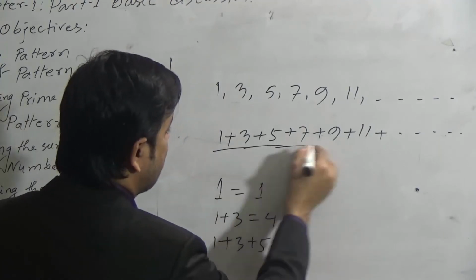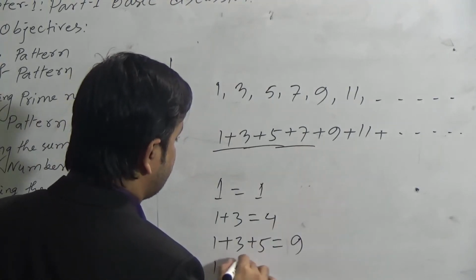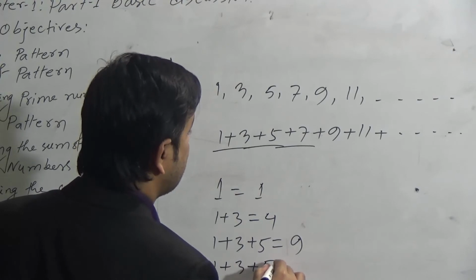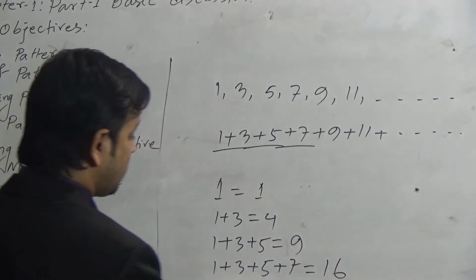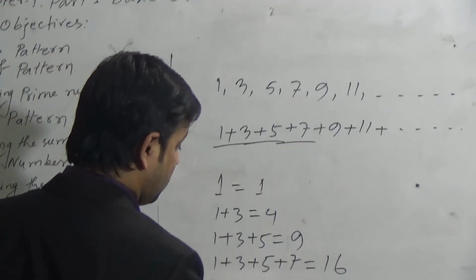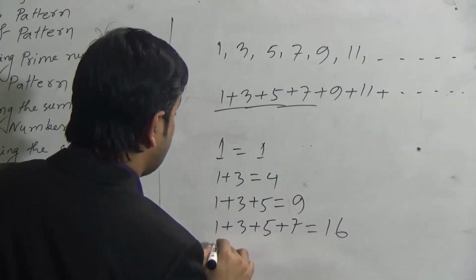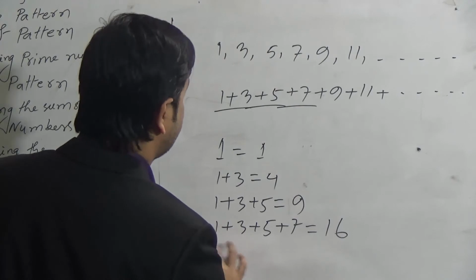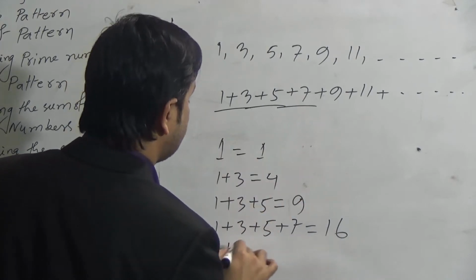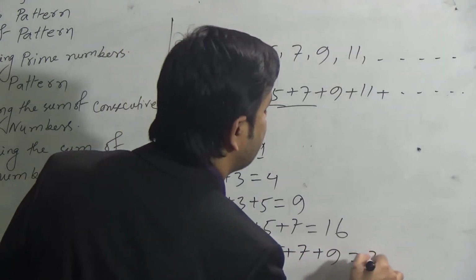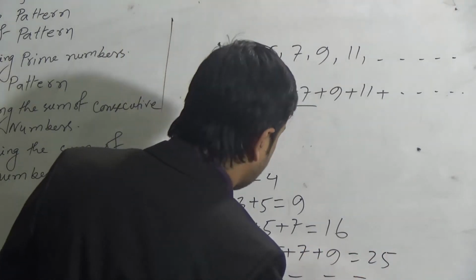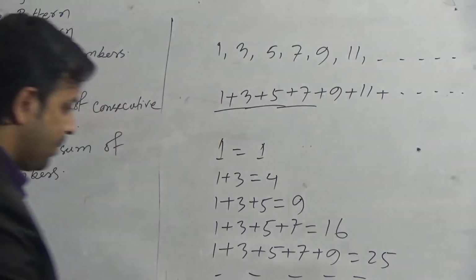If we consider the first 4, 1 plus 3 plus 5 plus 7, this will be 16. Then if we consider the first 5, 1 plus 3 plus 5 plus 7 plus 9, this will be 25.